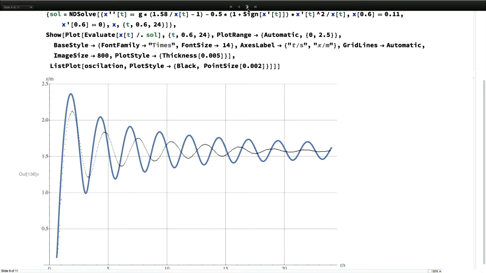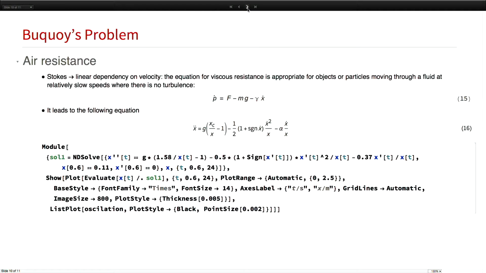If we do this and look at this experiment as a small motion with small velocity of the ball, we used Stokes' approach to air resistance of the movement. It means a linear dependency of the air resistance force on velocity.